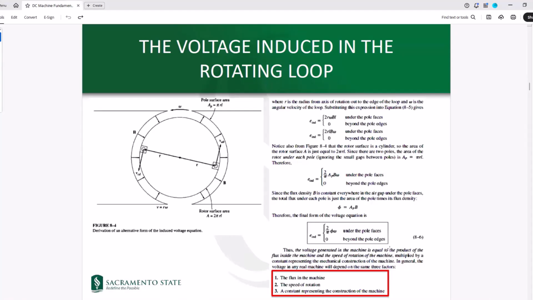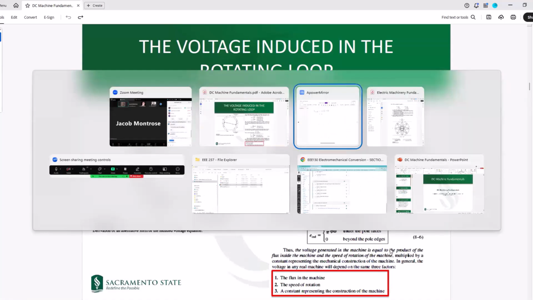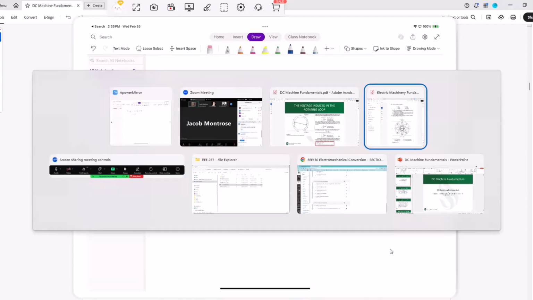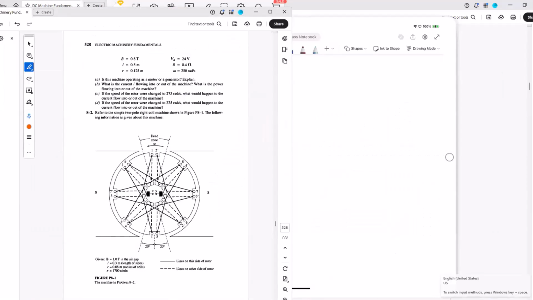I'm bringing that from here. So let's see. 2 times, what is R? R is 0.125. What is L? That is 0.5. What is omega? That's 250. And what is B? That's 0.8.